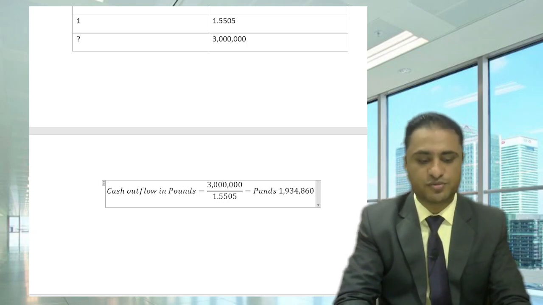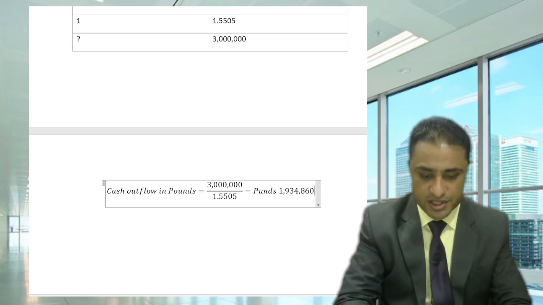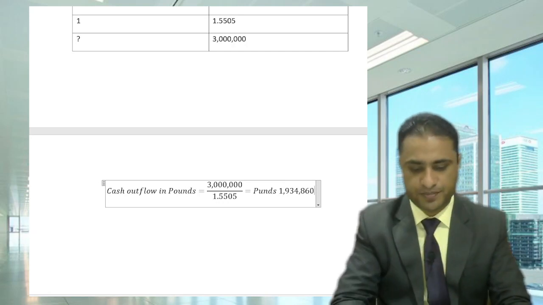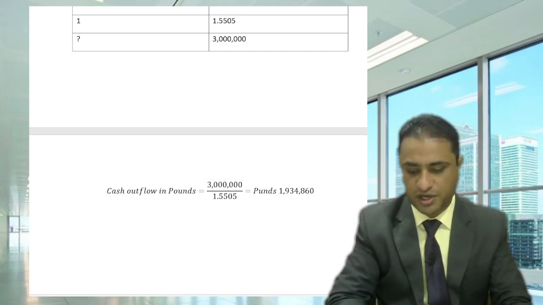This is our cash outflow if you use the forward contract to hedge our foreign currency risk.